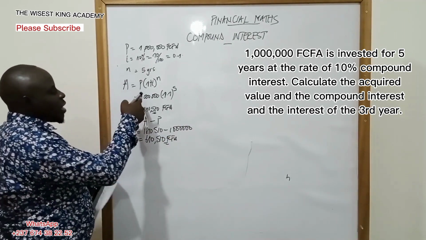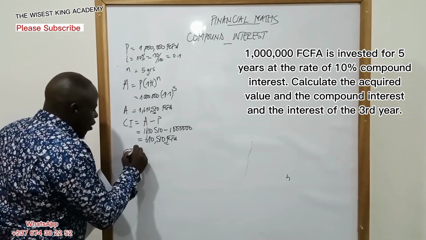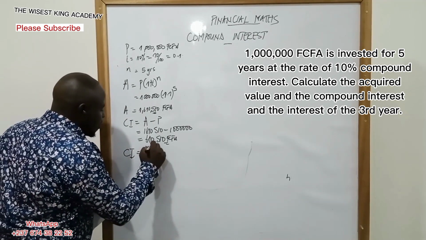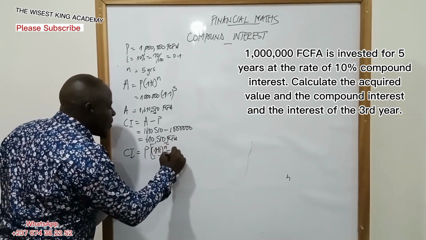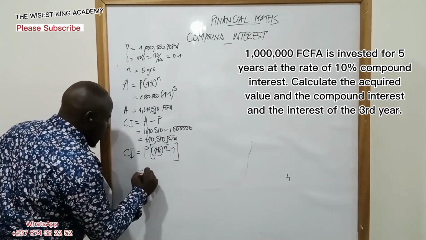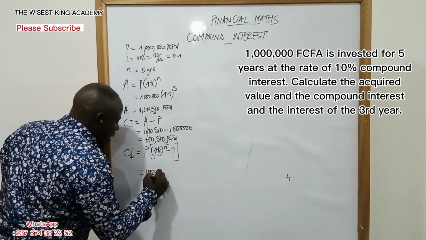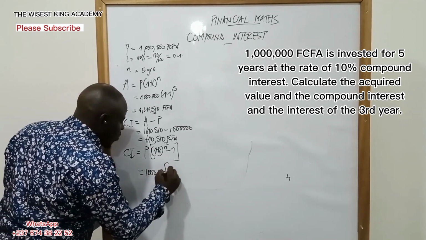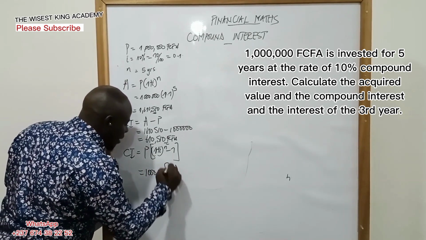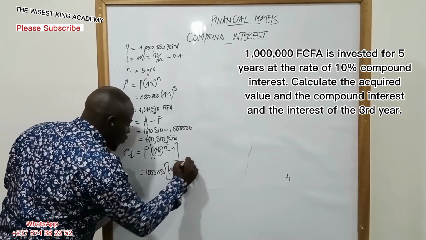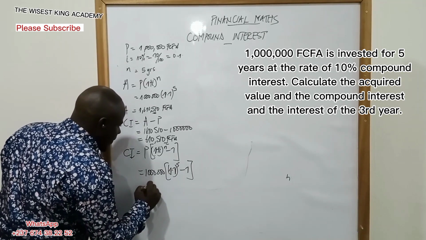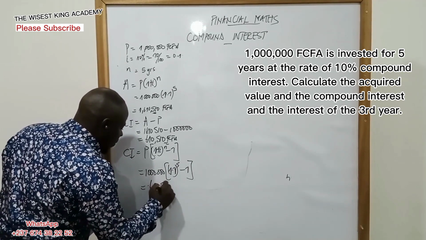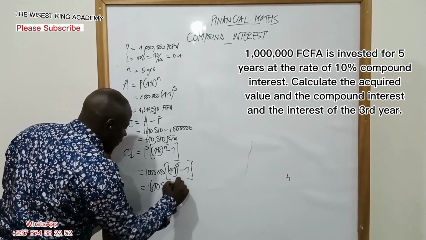If we're not asked to calculate the acquired value, the compound interest will be calculated by taking P, big bracket open, 1 plus i raised to the power n minus 1, which will be equal to 1 million, big bracket open, 1.1 raised to the power 5 minus 1. And this will give you 610,510 francs CFA.